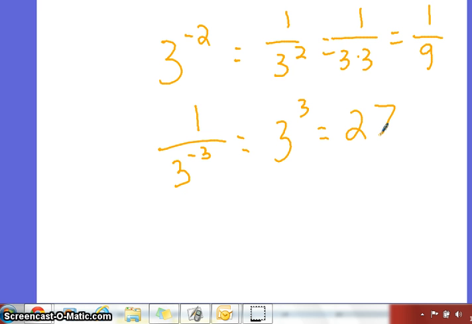Are they ever going to want you to do it negatively? Occasionally, yes, but they'll tell you. Usually, it's going to be positive. My exponent is negative.